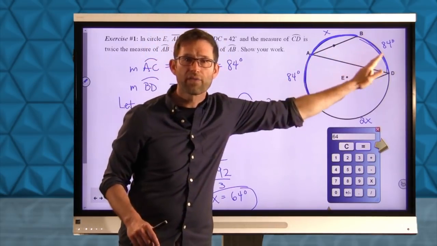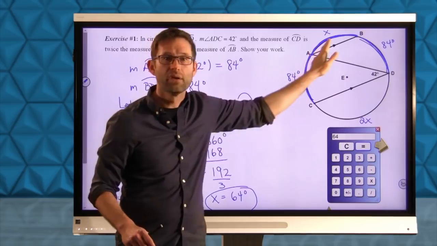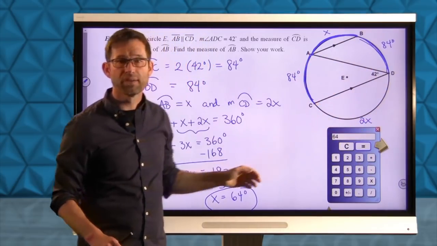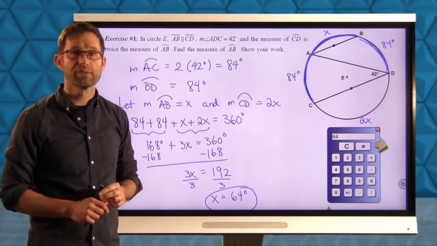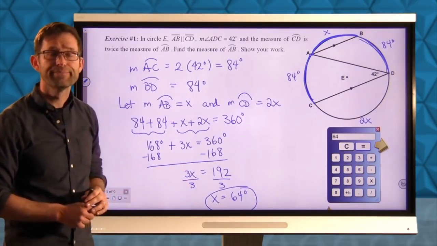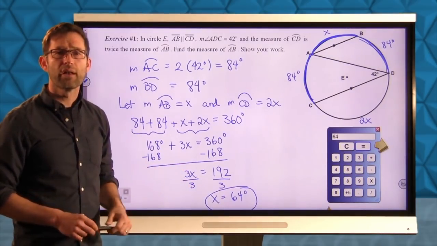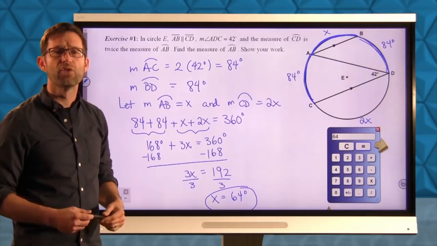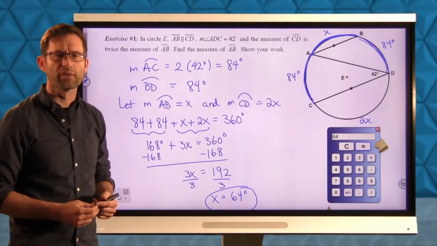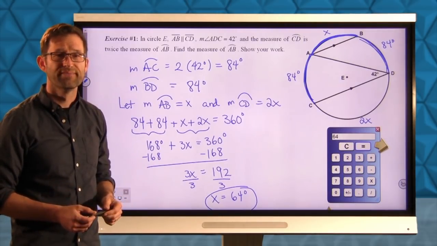And then it used the fact that when we add up all the arcs that go around a circle, we must have 360 degrees. Simple enough. All right, take a moment, write down anything you need to, and then we'll move on and discover some more things that are important about inscribed angles.